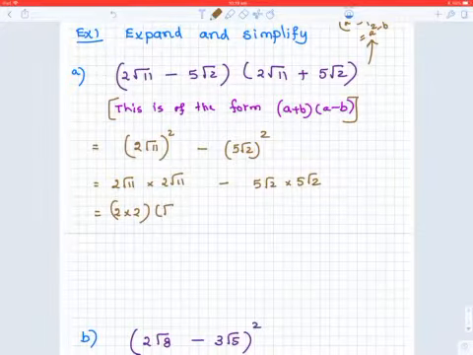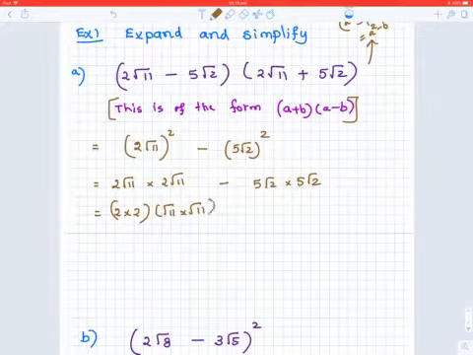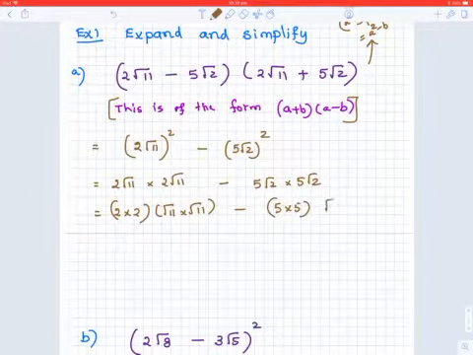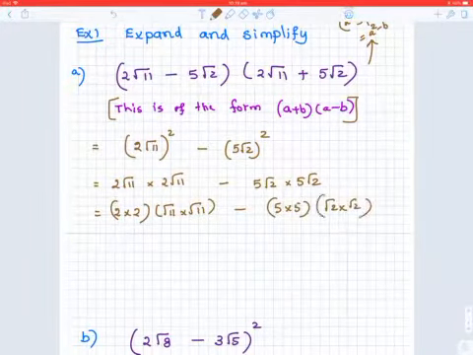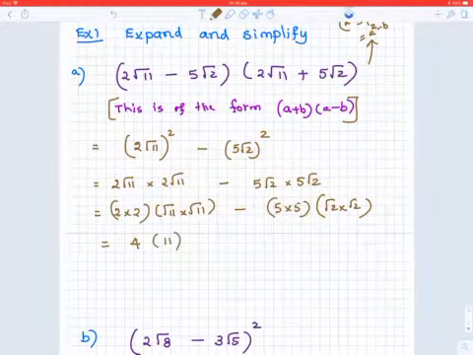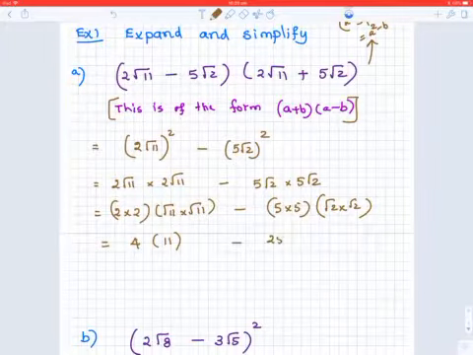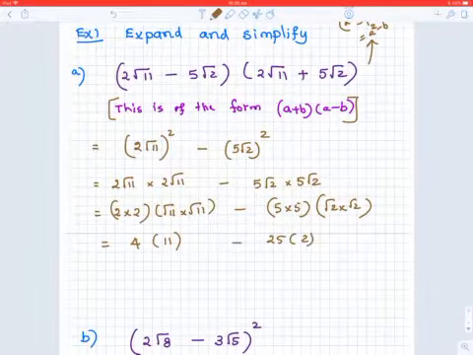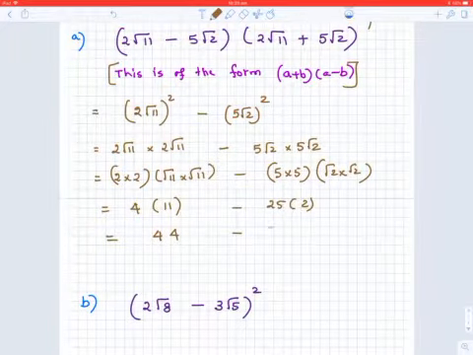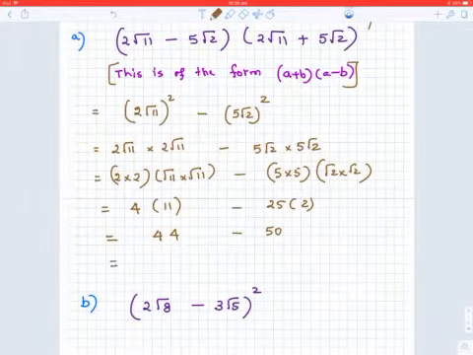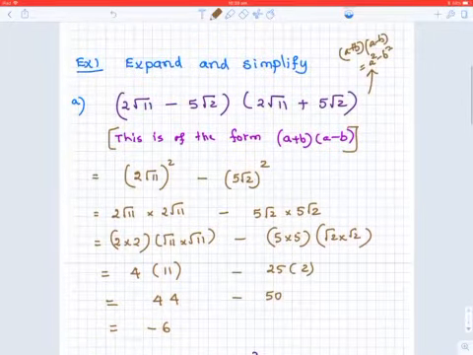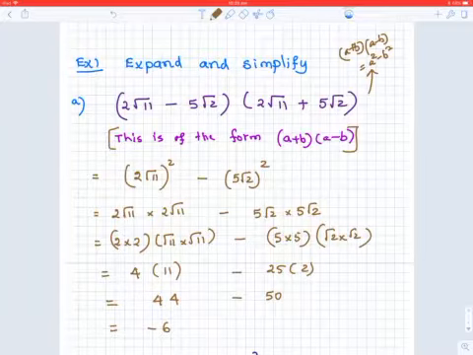When you multiply surds, put the numbers first. So it will be 2 times 2 and √11 times √11, minus 5 times 5 and √2 times √2. Now, 2 times 2 is 4 times 11, minus 25 times 2, which is 44 minus 50, which gives the answer −6.